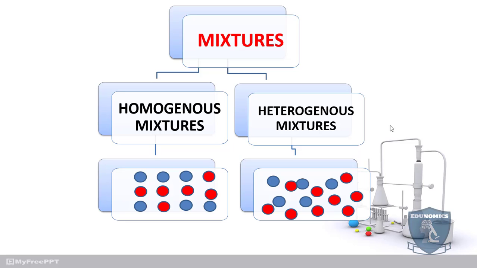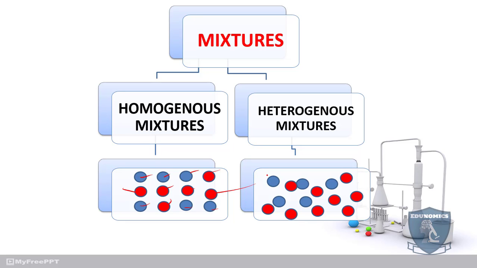Now, this is just a quick example of basically how it looks. If you look at the homogeneous mixture, you notice that we have 6 blue atoms and 6 red atoms, and they're uniform and in a particular pattern, so they're arranged uniformly.